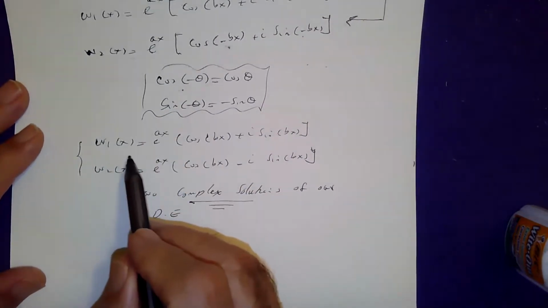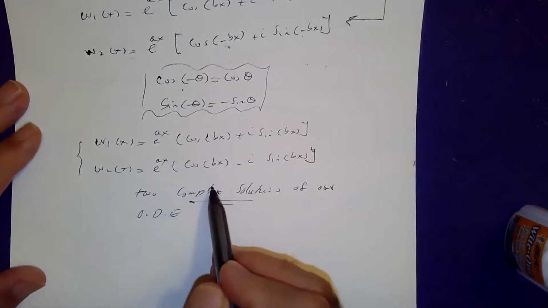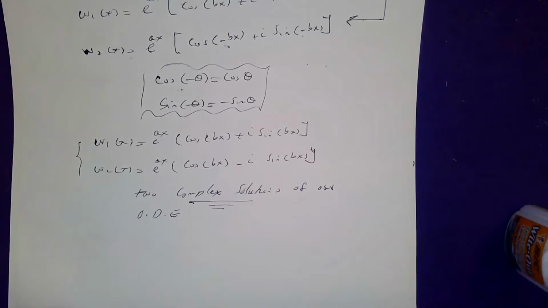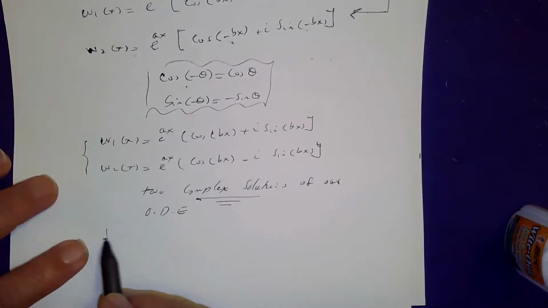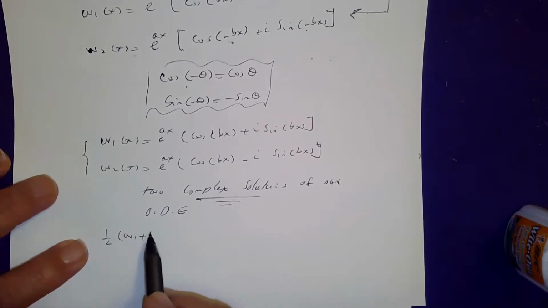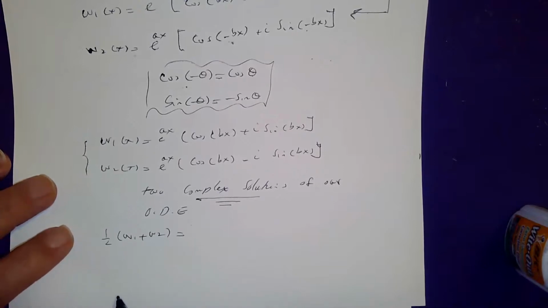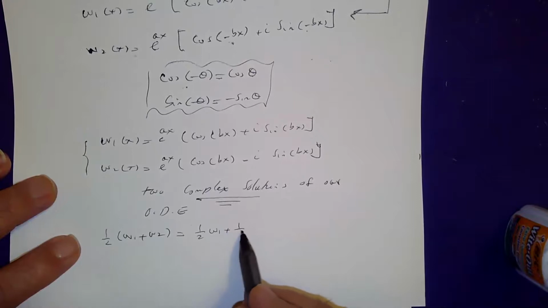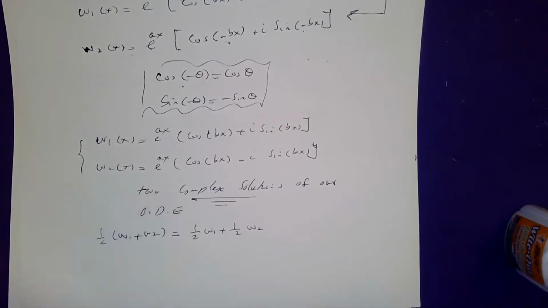I'm going to take a linear combination of these solutions, which is going to be a solution itself as well. So the first item would be, let's say, half of W1 plus W2. So what am I doing? I'm taking a linear combination of these complex solutions.